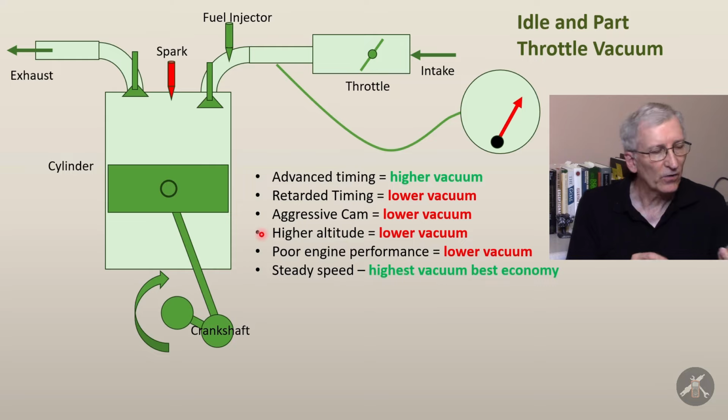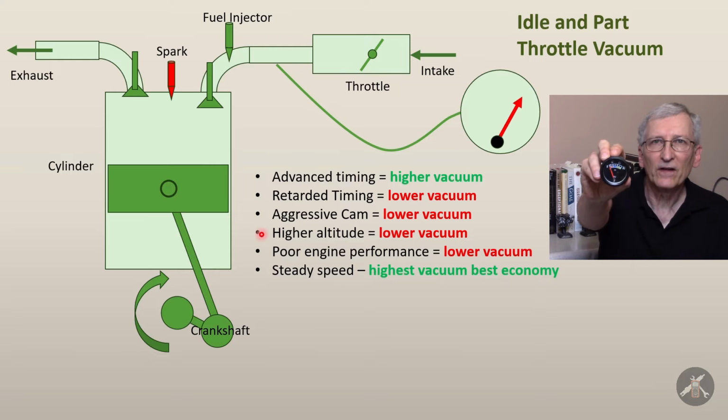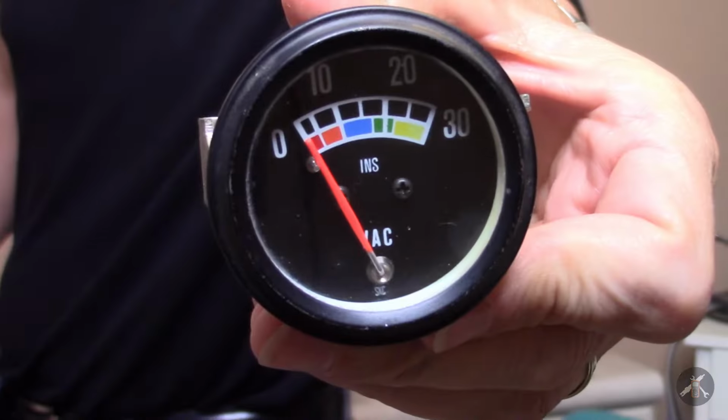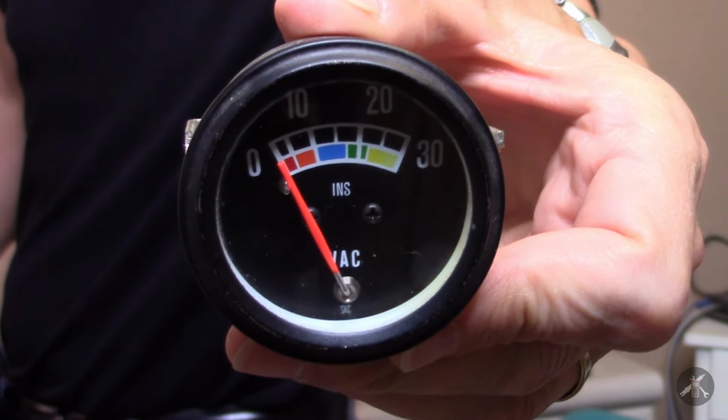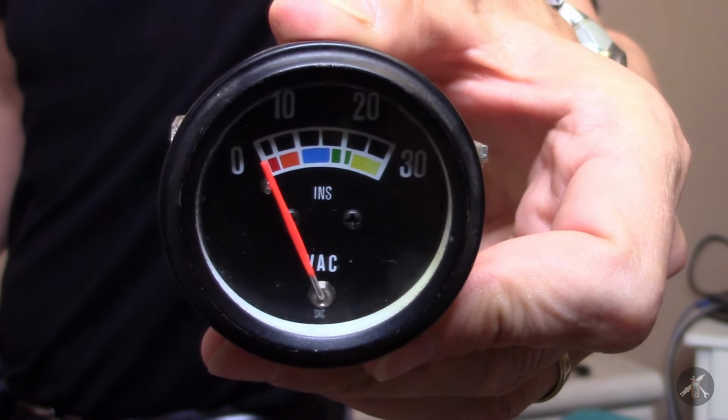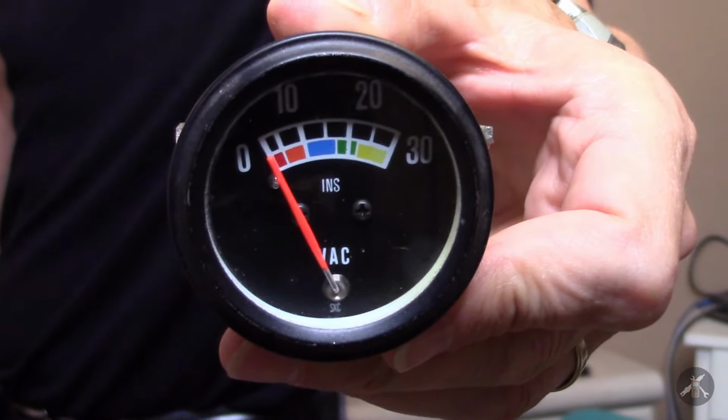I've got one of these right here. This is a gauge I've had in my parts box for many, many years, and you see it goes from 0 to 30. Back in the 1970s and 80s, when fuel was in short supply and being rationed in some cases, it was expensive, and I was on a heck of a budget.